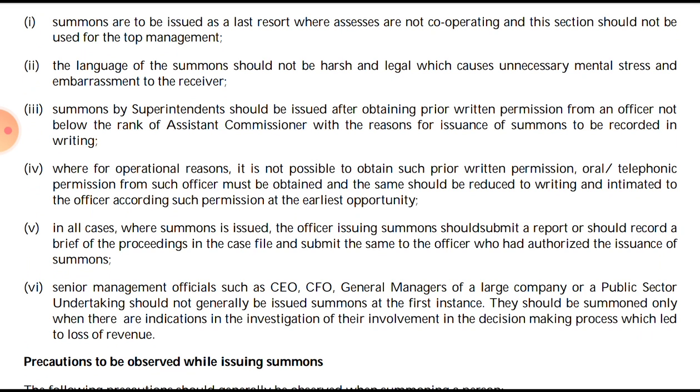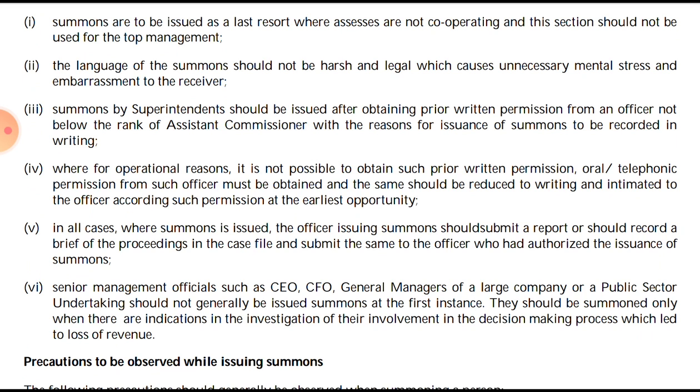He should prepare the report after that and record a brief of the proceedings in the case file.